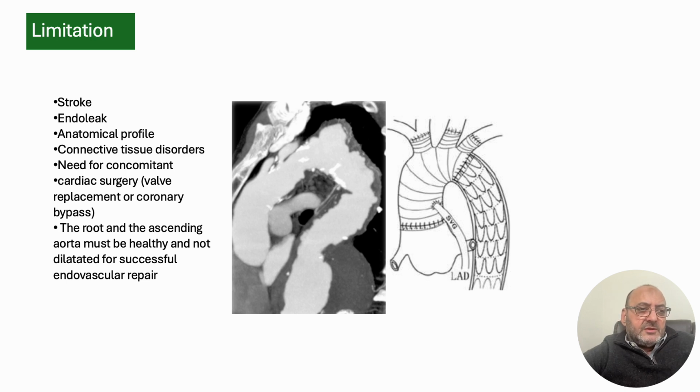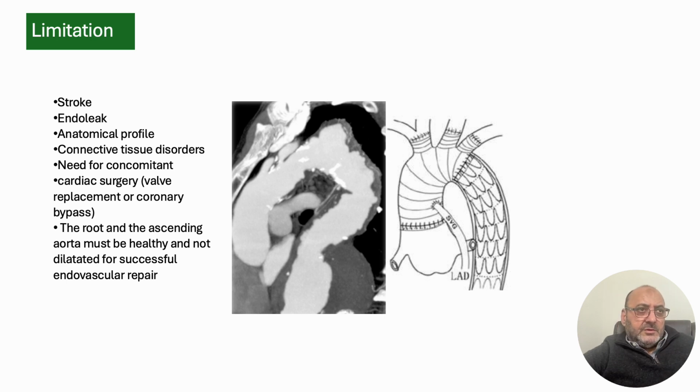For endovascular treatment there are limitations. These ascending grafts, and until not too long ago the arch grafts, were just difficult to use because of risk of stroke, endoleaks, anatomical profile, and sometimes the need for valve replacement.